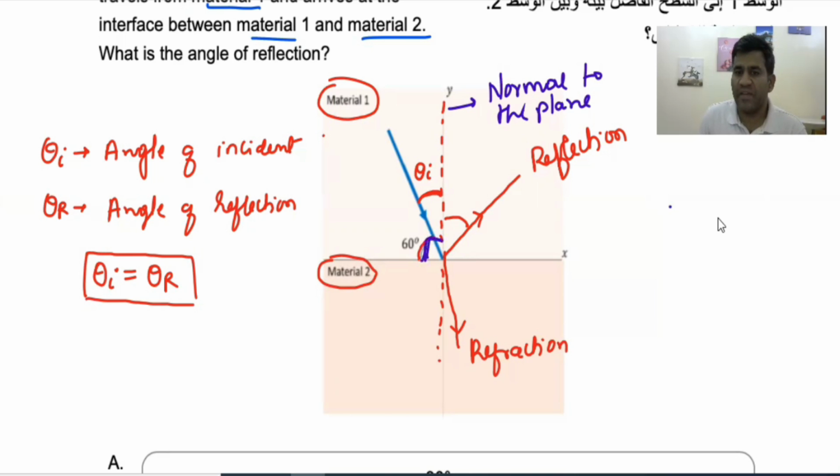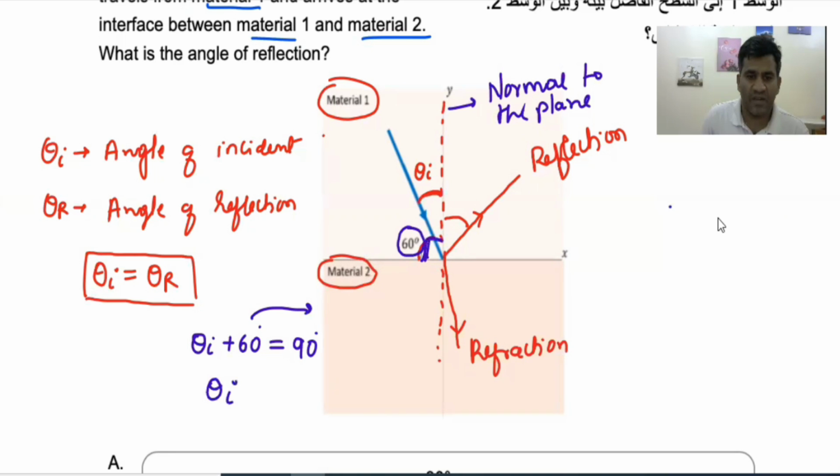In this, if one of the angles between the incident light and the plane is given to us as 60, then how do I write it? This arrangement can be written as incident angle plus 60 degrees, both add up to give you 90 degrees. So from this I can calculate the angle of incidence just by rearranging. So the angle of incidence is going to be 90 minus 60 degrees. That is, the angle of incidence is 30 degrees.